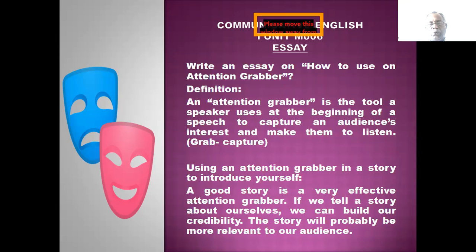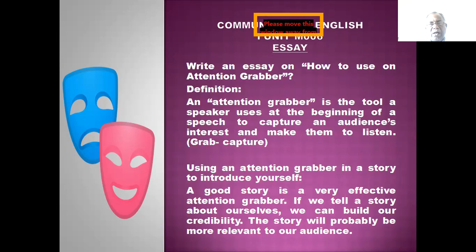There will be some value, credibility. The story will probably be more relevant to our audience. You need to see who your audience is. If they are all learned persons, you need to tell stories accordingly. If they are all children, in the age group between 8 and 12 or 14, you need to tell a story according to their age and their interest.